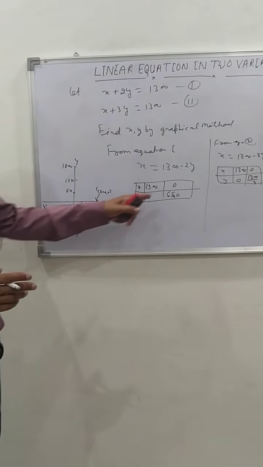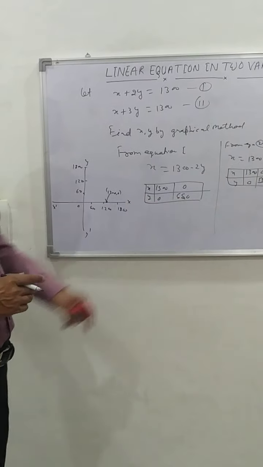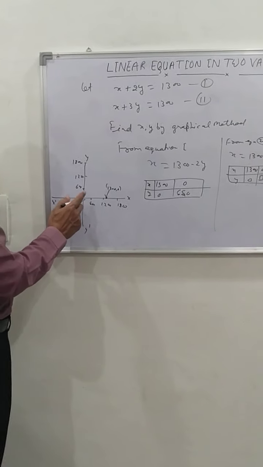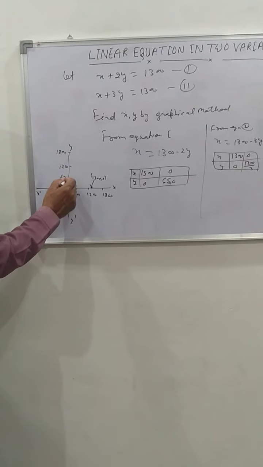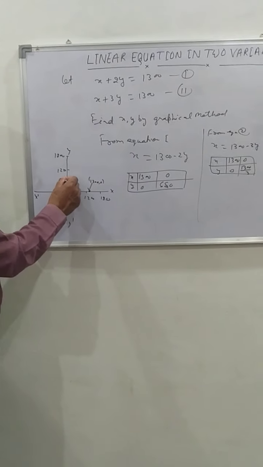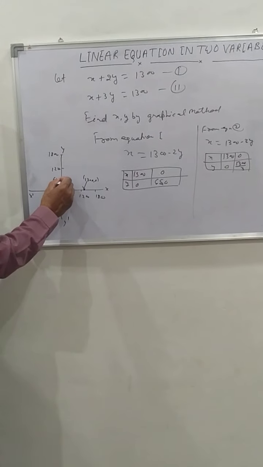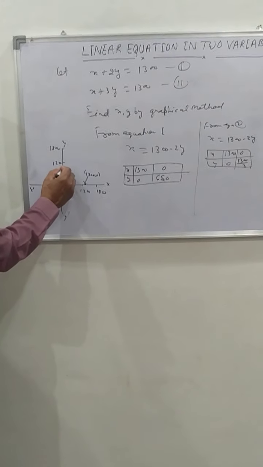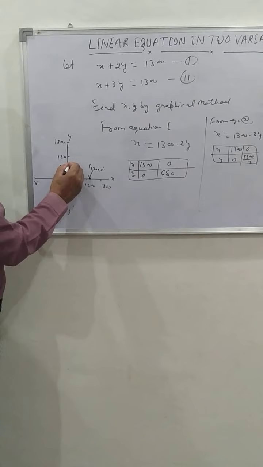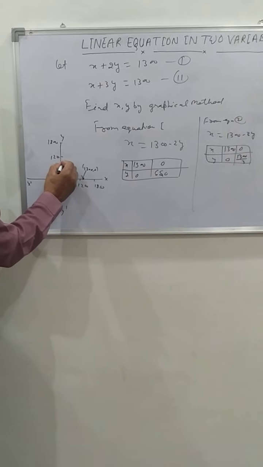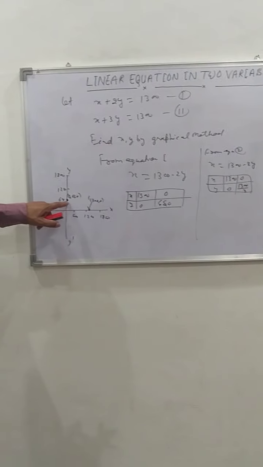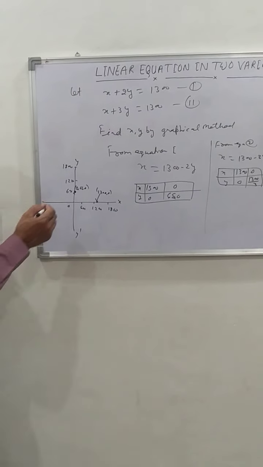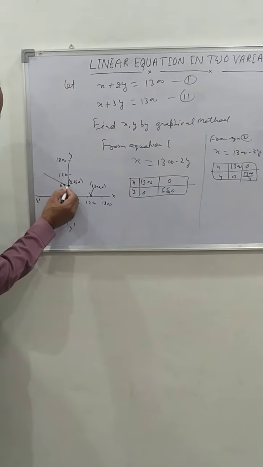Similarly we represent (0, 650). On the x-axis 0 will come at this point, and on the y-axis 650 will come near this. So overall we get this point (0, 650). Now joining these two points, we draw a line.